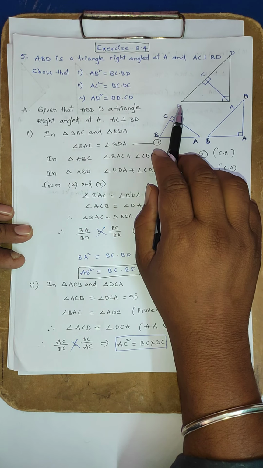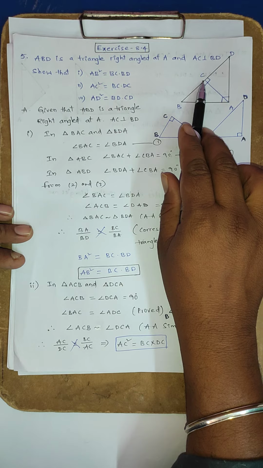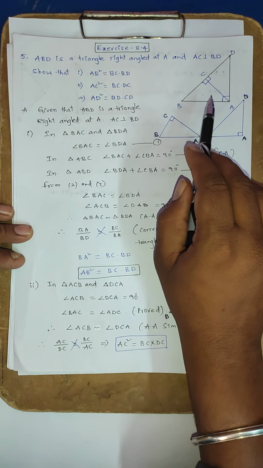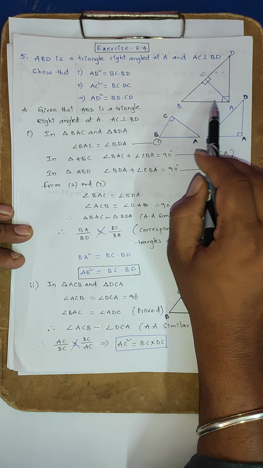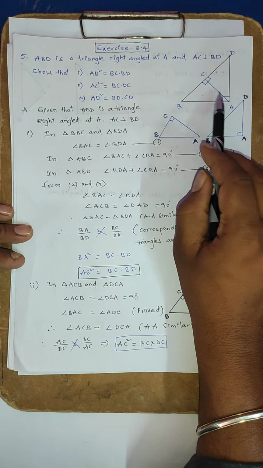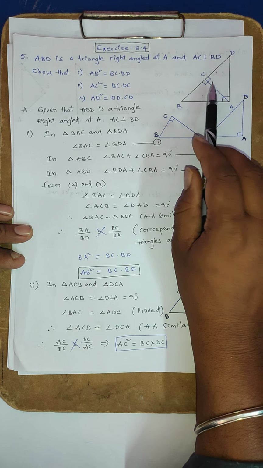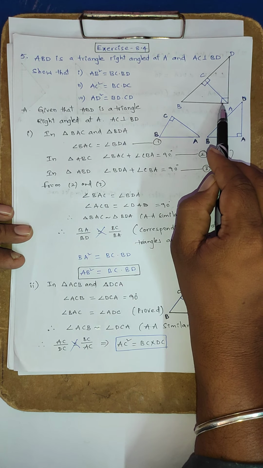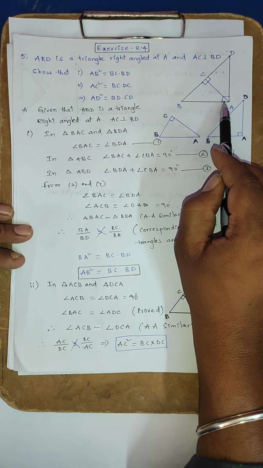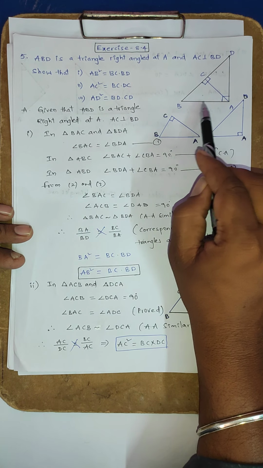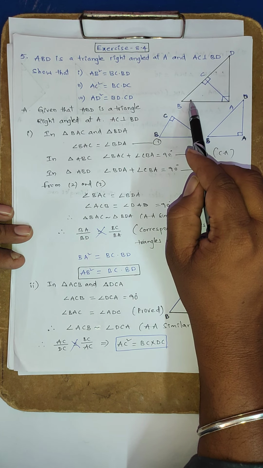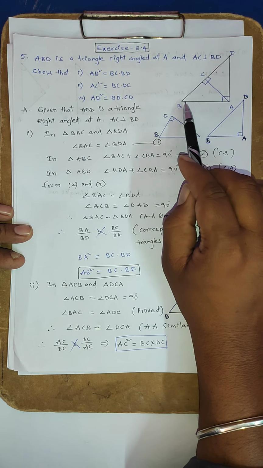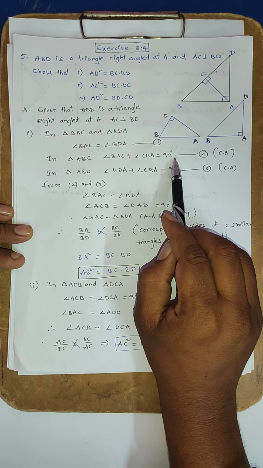In this triangle, angle C is 90 degrees, so the remaining two angles sum to 90 degrees.